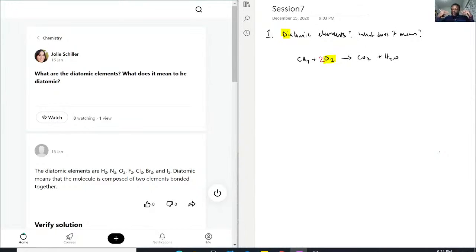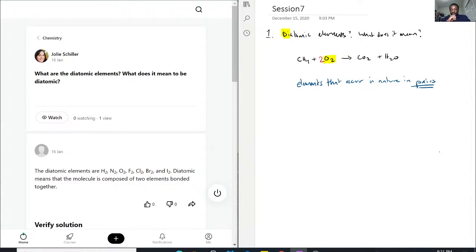I know that was a lot of information, so let's quickly go over it. Diatomic elements, to my best capability of writing this out, are elements that occur in nature in pairs.